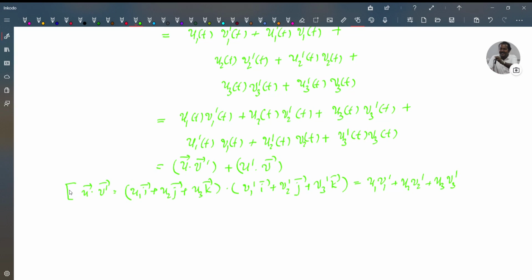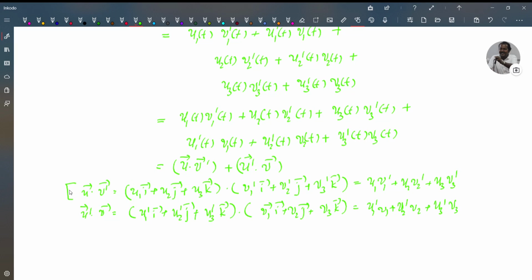Similarly, u prime dot v, this is equal to u1 prime i plus u2 prime j plus u3 prime k dot v1 i plus v2 j plus v3 k. So this is equal to u1 prime v1 plus u2 prime v2 plus u3 prime v3.